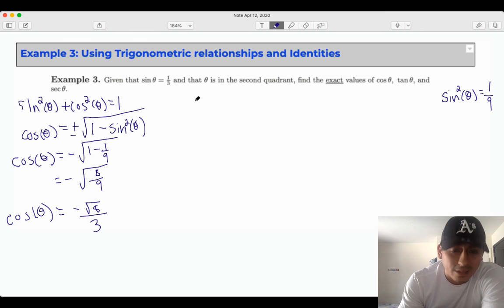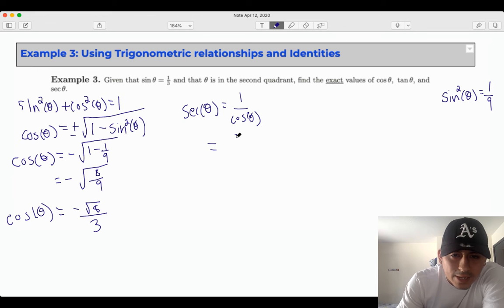So secant of theta is equal to 1 over cosine of theta, which is negative square root of 8 divided by 3. I can simplify this and get 3 over the square root of 8.